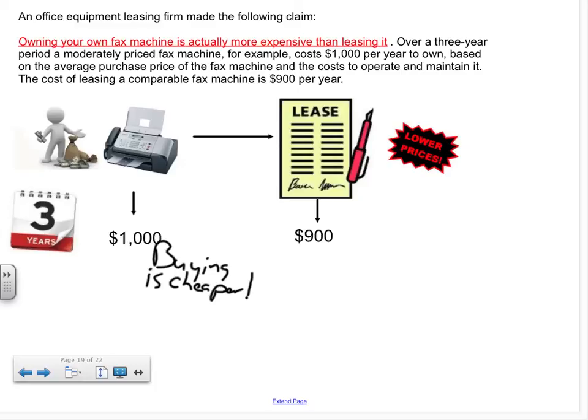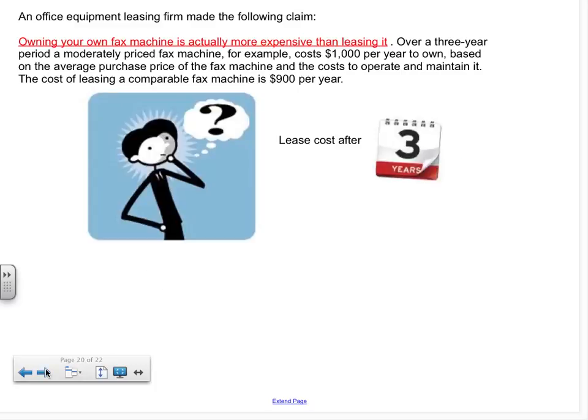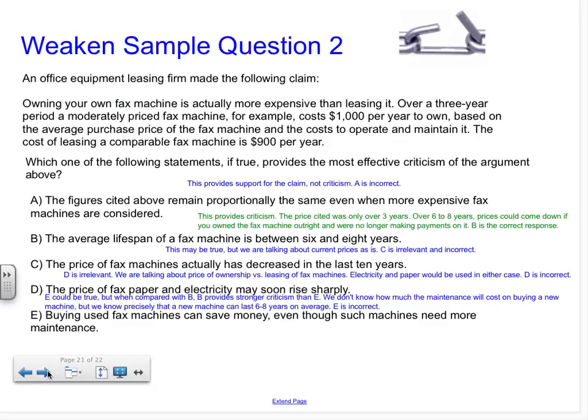So let's see what we can find. And this is, again, one thing that should come to your mind: maybe if you extend past 3 years, perhaps the purchase price is cheaper. So let's see if we can find a statement in the question that says just this.